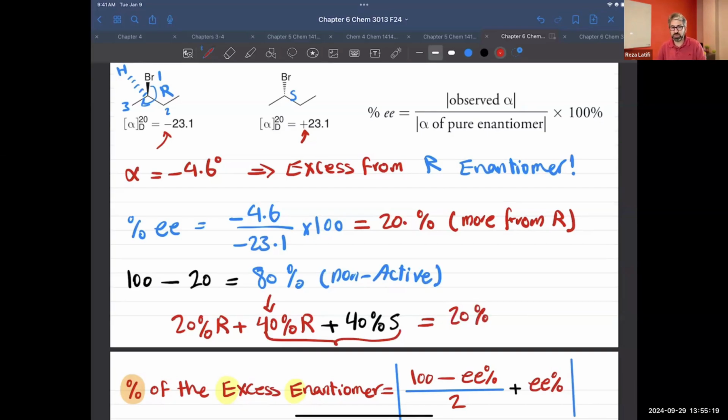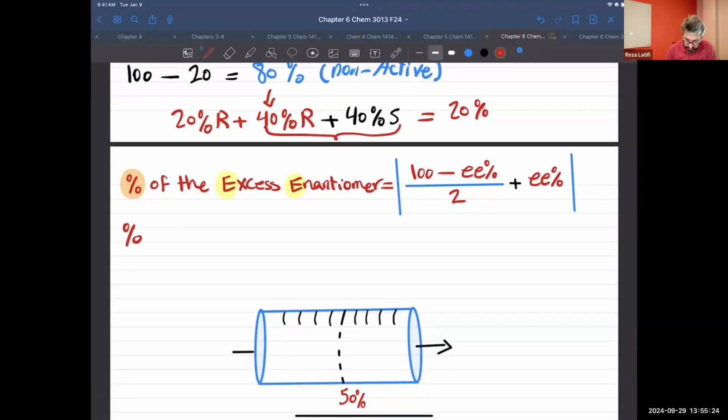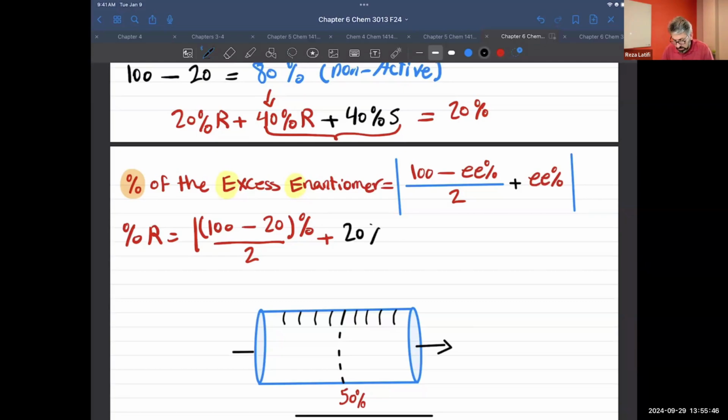So that's the way you're going to use the 80%, which is not active. Or you can say the excess of R is going to be equal to 100 minus enantiomeric excess, we got it equal to 20%. You divide this one by 2, and that's going to be 80, so 80 divided by 2 will be 40, plus the 20% from R. If I add those two, I get 60%.